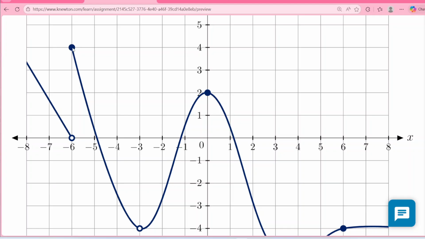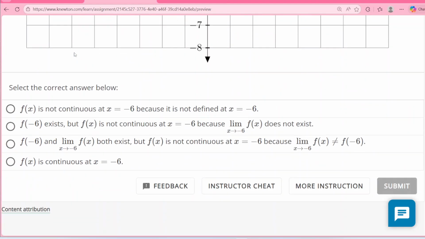The point -6 comma 4 is actually on the graph. The left side limit is 0. The right side limit is 4. So this is where the problem is. The two-sided limit doesn't exist, so you're going to get another one of those jump discontinuities.